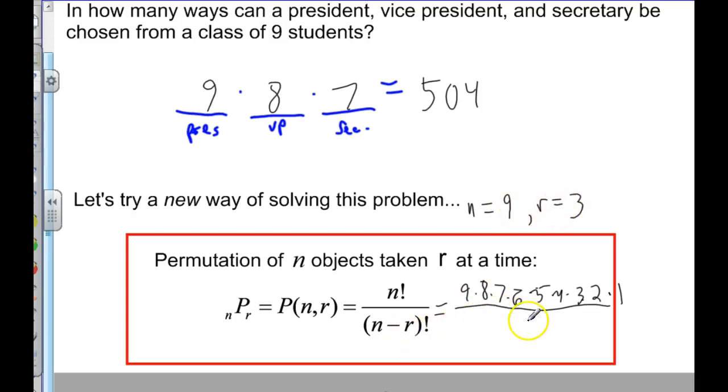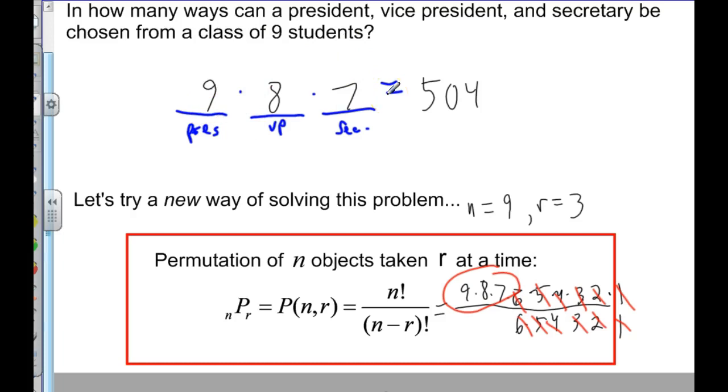So 6 factorial down here would be 6 times 5 times 4 times 3 times 2 times 1. If we cancel, the 6's cancel, the 5's, the 4's, the 3's, the 2's, and 1 over 1 is just 1. We're left with 9 times 8 times 7, which is the same problem we got up here.